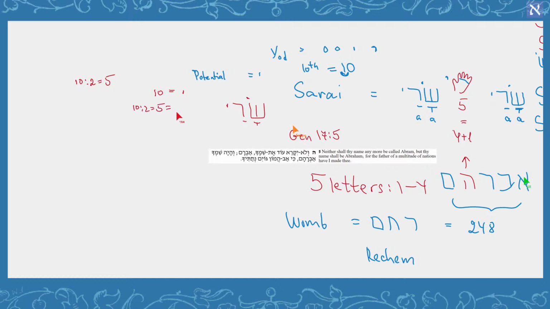So the letter Yod, the potential of Sarah, will be divided into 2 and we shall have 5, or the letter He. Always I write the letter He, the number 5. Here, Sarah will get 1 here.